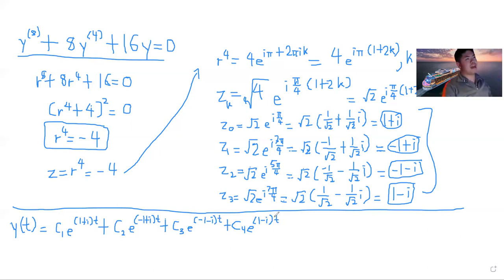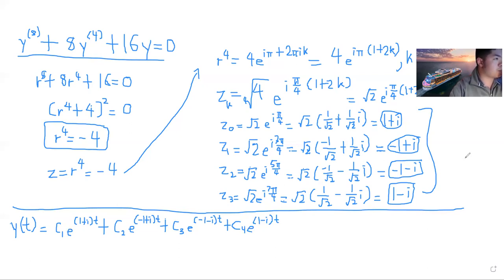Now we have 8. We were required to write C 8 times. We only have 4. Where are we missing? Well, remember, we did r to the power of 4 plus 4 squared is equal to 0. So in ordinary differential equations, when you have something squared, then you have to put a t in front of it.